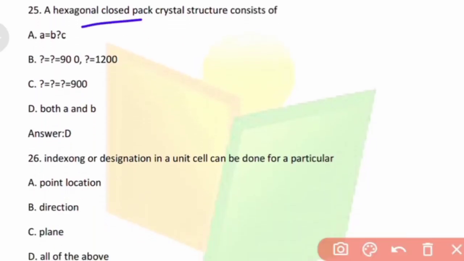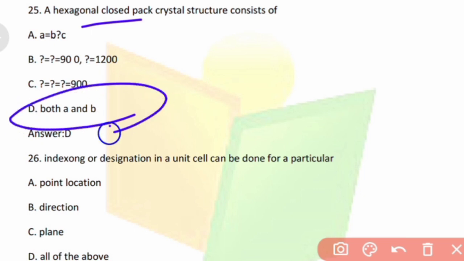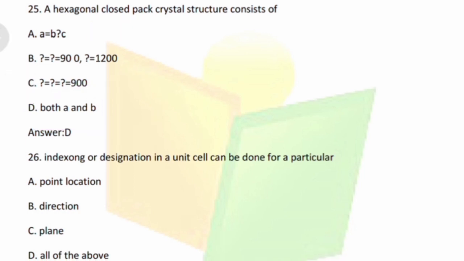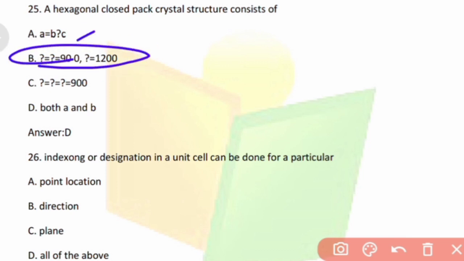A hexagonal close-packed crystal structure consists of, option D, both A and B: a equal to b, not equal to c.